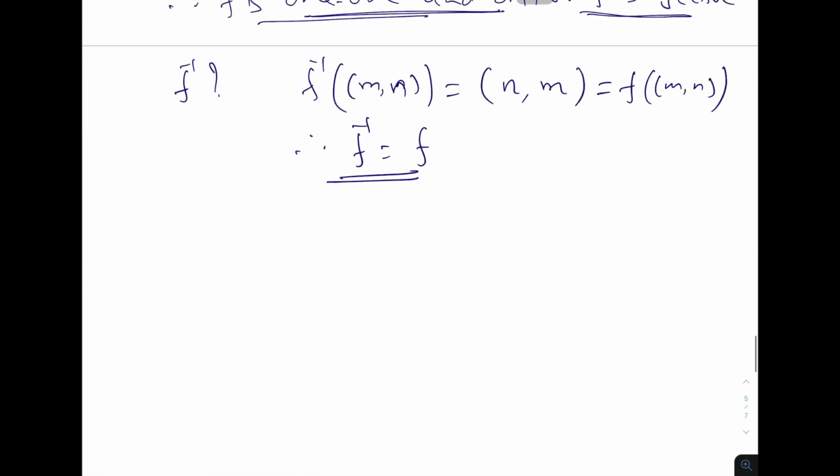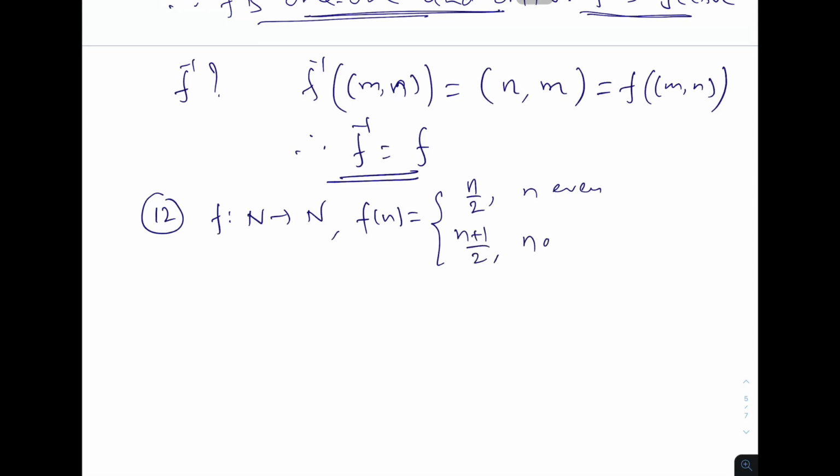Okay, take one more. Say F from N to N, F of n equal to n by 2 if n is even, (n plus 1) by 2 when n is odd.